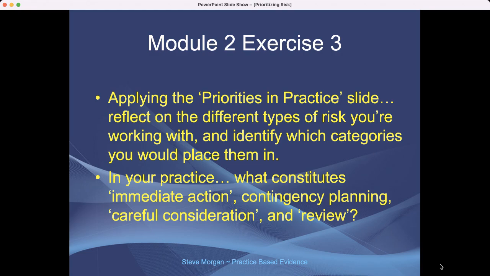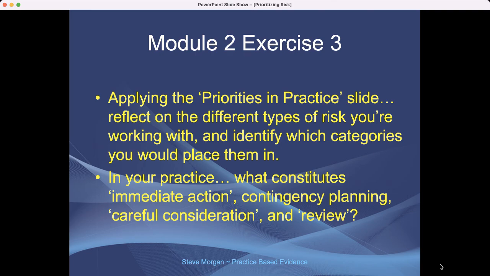And here's an exercise encouraging you to reflect on your management responses to the risks that you've assessed. At this point, I'd like you to read the PDF handout in the resources of this module, simply entitled Risk Management.